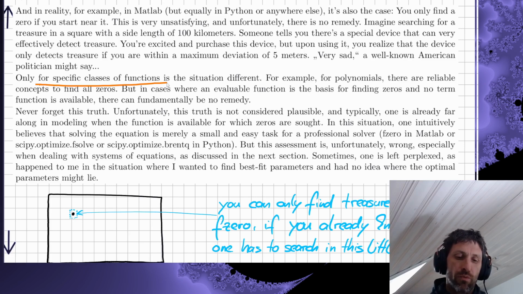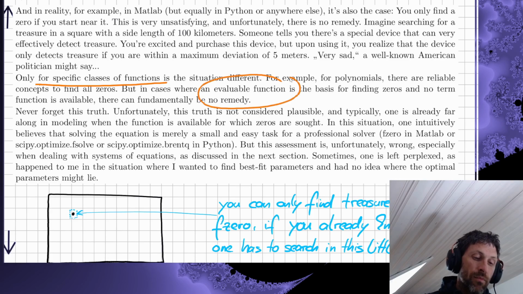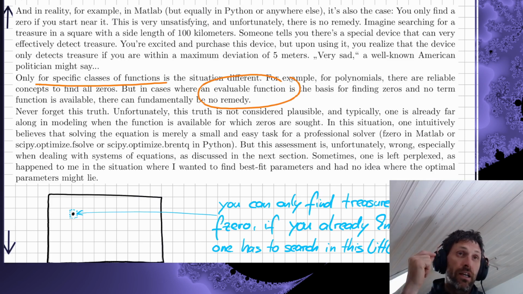For specific classes of functions, especially for polynomials, there are algorithms which will find all the solutions and will never miss one. But when the basis is some evaluable function and you pass the name of that function to MATLAB and tell MATLAB, please evaluate that function and by doing so find the root, then MATLAB has no chance to do some logic to surely find all the roots.